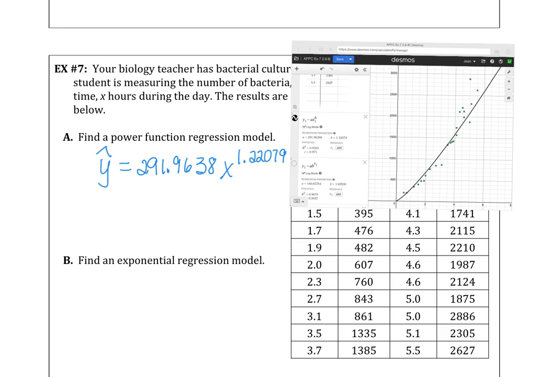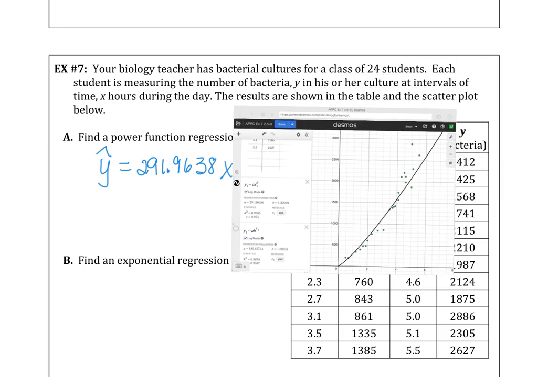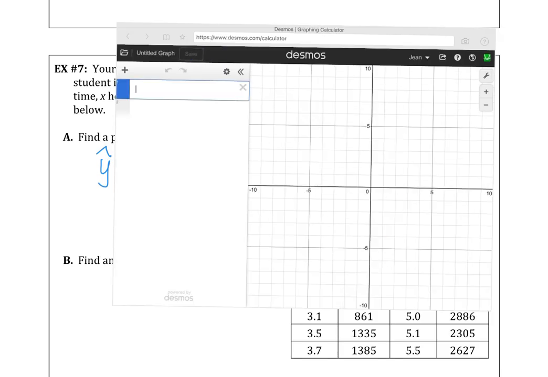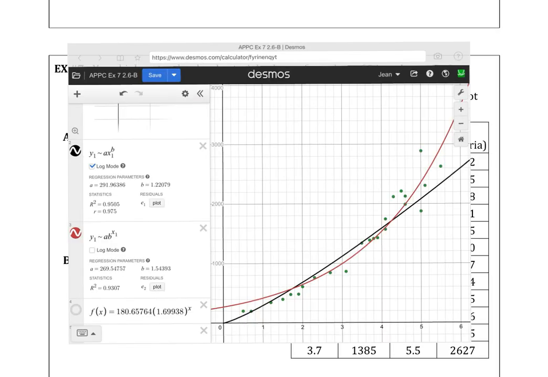So back to our graph again. Make that larger. An exponential regression model is going to follow the form y is ab to the x power. So we're going to go in line 3, and we're going to type in y is approximately ab to the x power. Same thing again, if you look at the r squared value of 0.9307 and you click on the log mode, we're going to get a better r squared value in log mode.